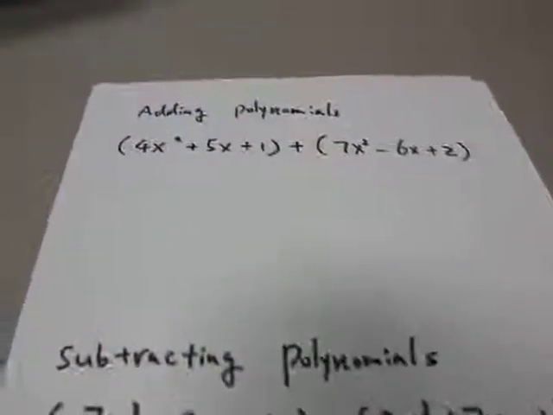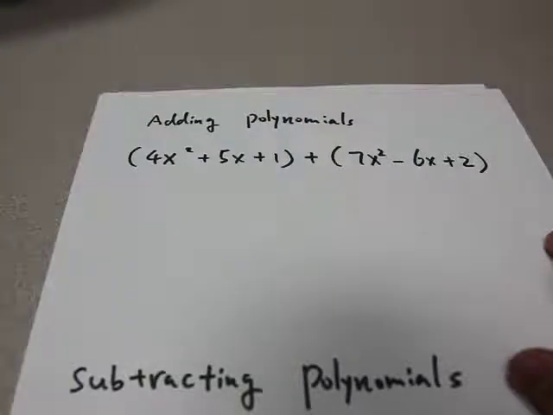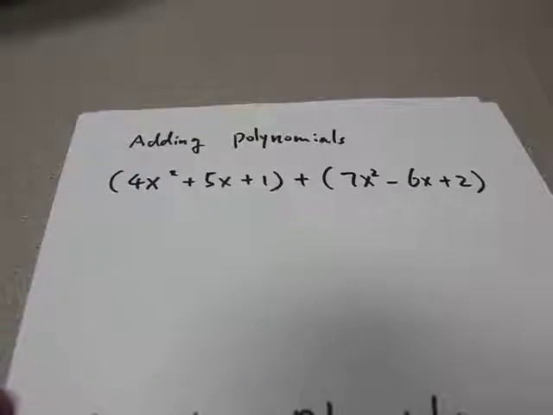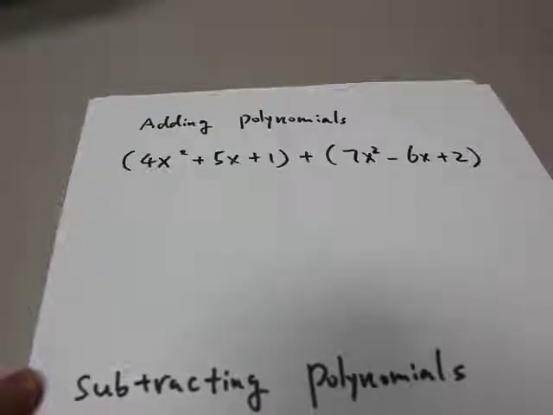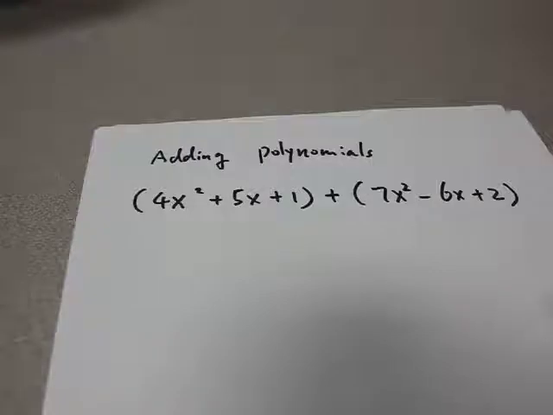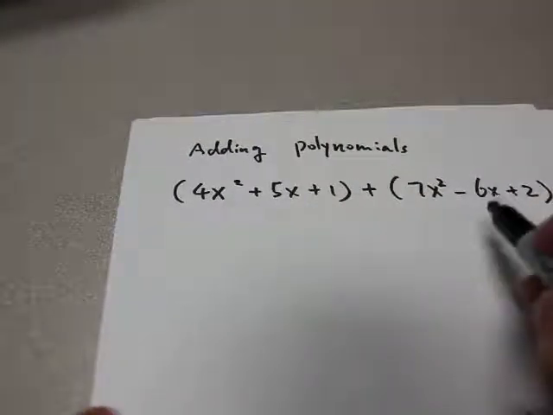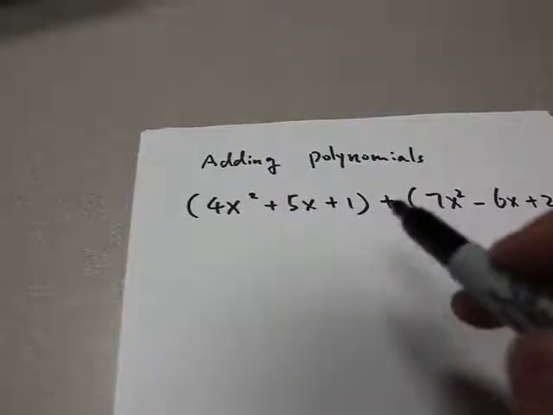Okay. Now, next, I want to talk about how to add or subtract polynomials. So when you add or subtract polynomials, actually what you're doing is combining the like terms. So the first step is, you see here we have two polynomials. The first one is 4x squared plus 5x plus 1.